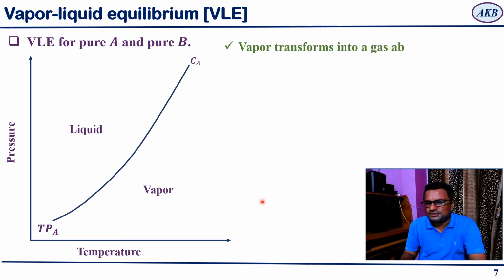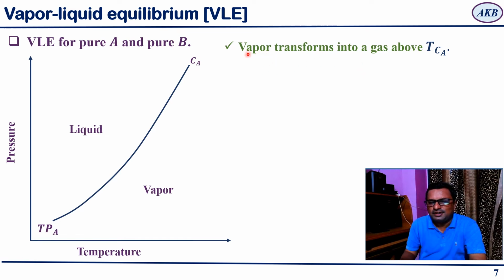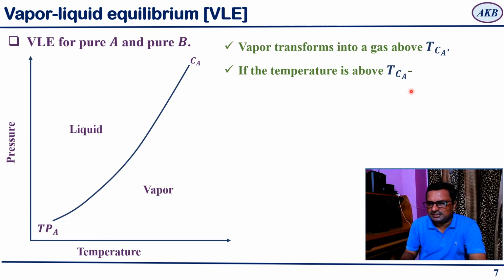Now, vapor transforms into a gas above Tca. If the temperature is above its critical value, then vapor transforms into a gas. So vapor will no longer exist; it will get transformed into gas. If the temperature is above Tca and you try to liquefy the gas, you will not be able to liquefy it, no matter how high a pressure you apply.